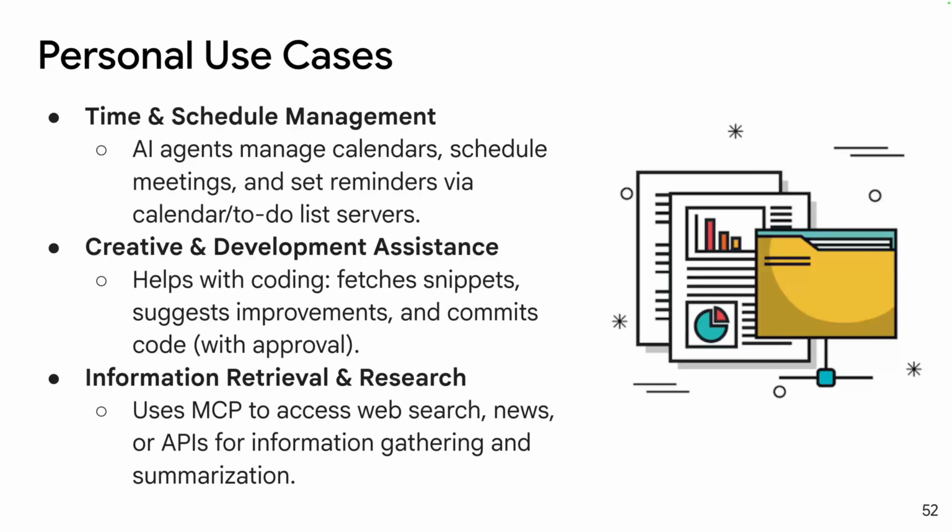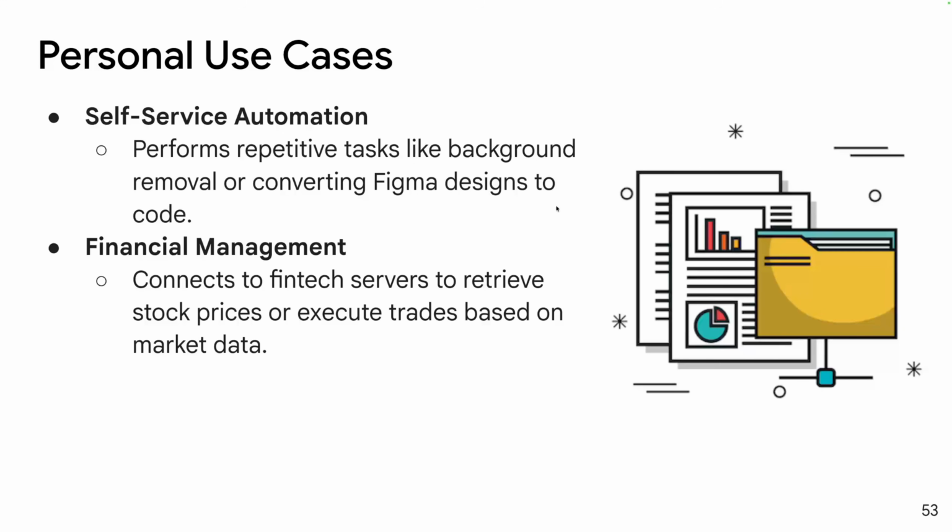Then you can do search, summarization, and information gathering. You can also use MCP servers for automation. For example, you can connect to the Figma MCP server and convert the design to code.